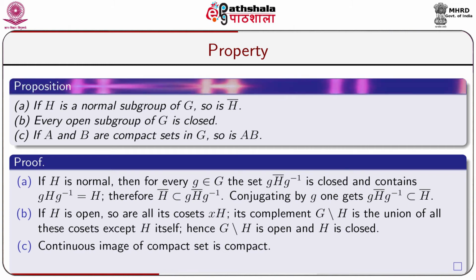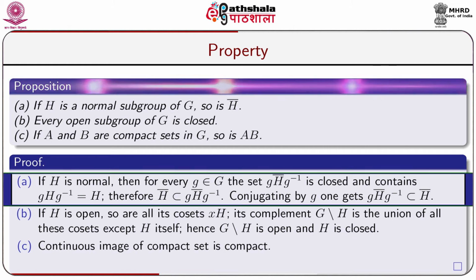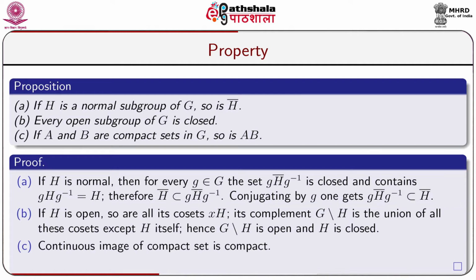To prove A, let H be a normal subgroup of G. Then for any g in G, the set g closure of H g inverse is closed and contains g H g inverse, which is equal to H as H is normal. Here g closure of H g inverse is closed because both left and right multiplication are homeomorphisms.